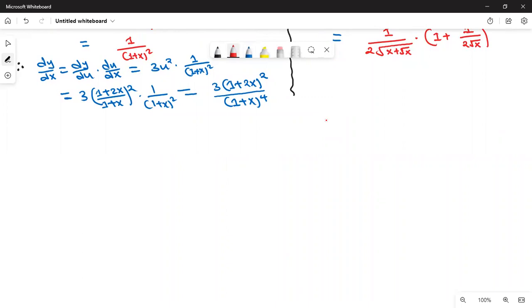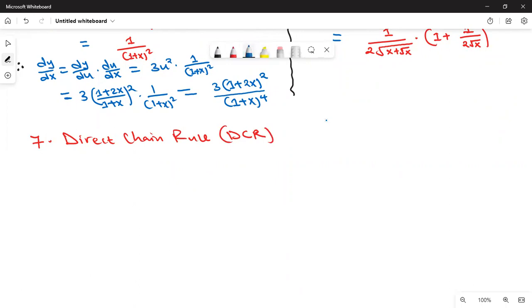I'll call it number 7, the direct chain rule, DCR. So what does it state?